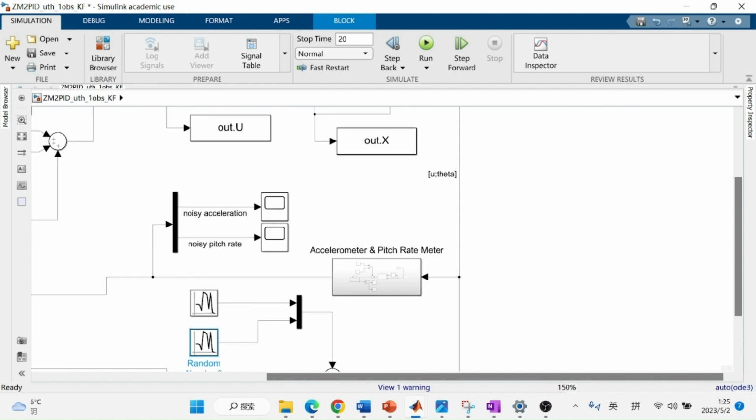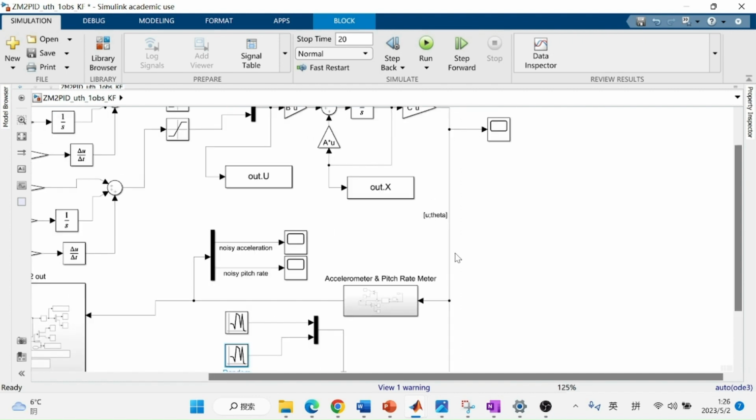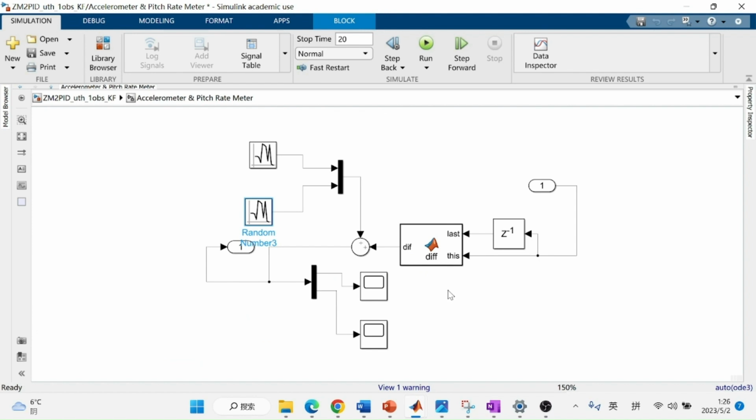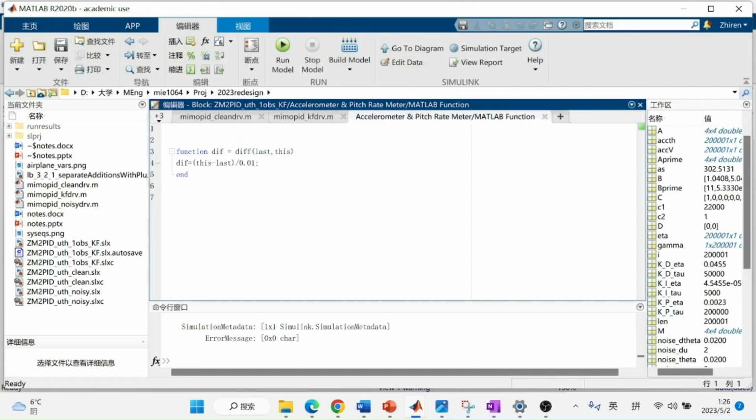For the accelerometer and the pitch rate meter measurements, it is a little bit more complicated because we need to first find the derivative of the axial speed and pitch angle in order to get axial acceleration and pitch rate. So I have written a script in this block here.